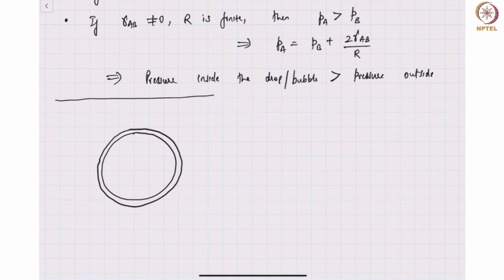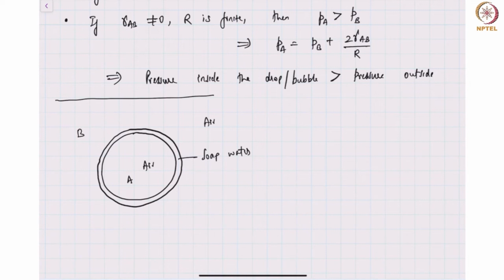What you have in a soap bubble is air inside, air outside, and soap water. This is a soap bubble in the air, and this is commonly made by little children. One of the most amusing things to children is that these soap bubbles pop. Why do they pop? They pop because the pressure inside, let's call it A and B, is higher than pressure outside.